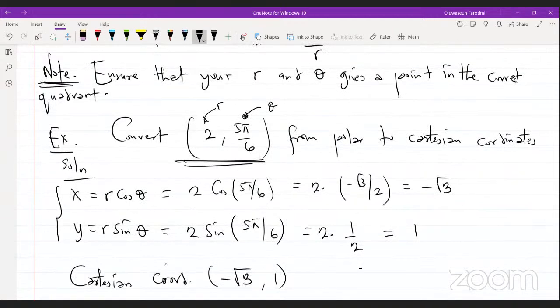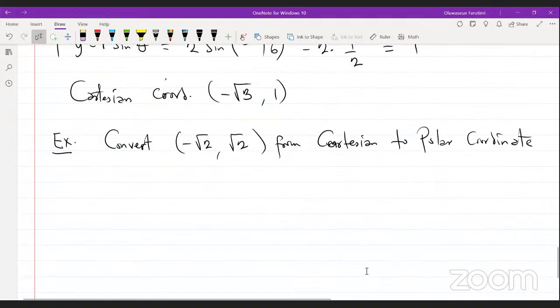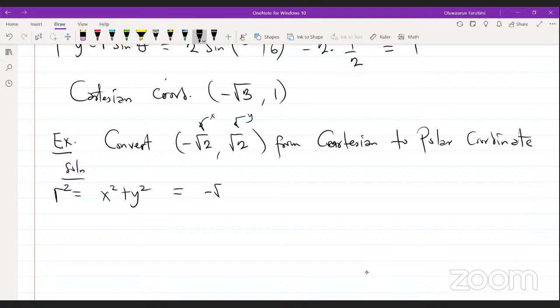Solution: this is my x and this is my y. What's the formula here? It is r squared equals x squared plus y squared. So what is r squared? Square root of 2 squared plus square root of 2 squared, that means 2 plus 2, which gives 4.